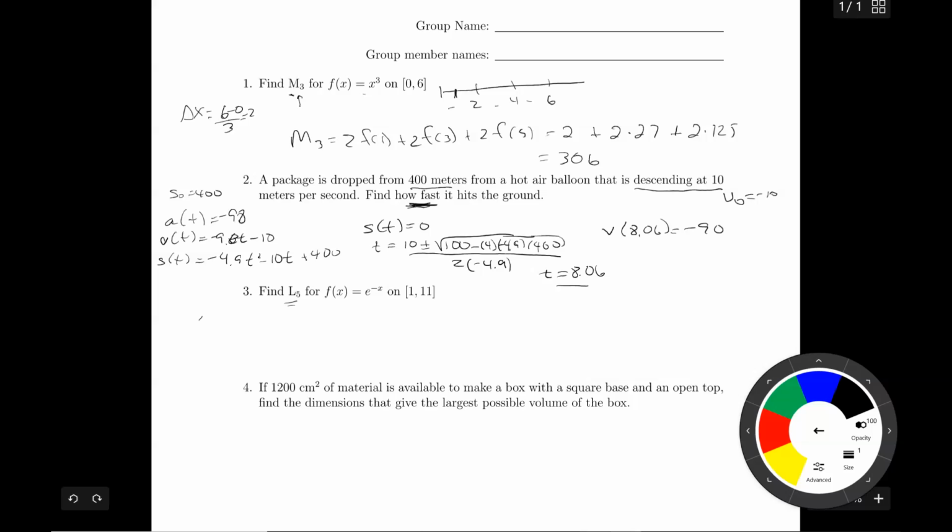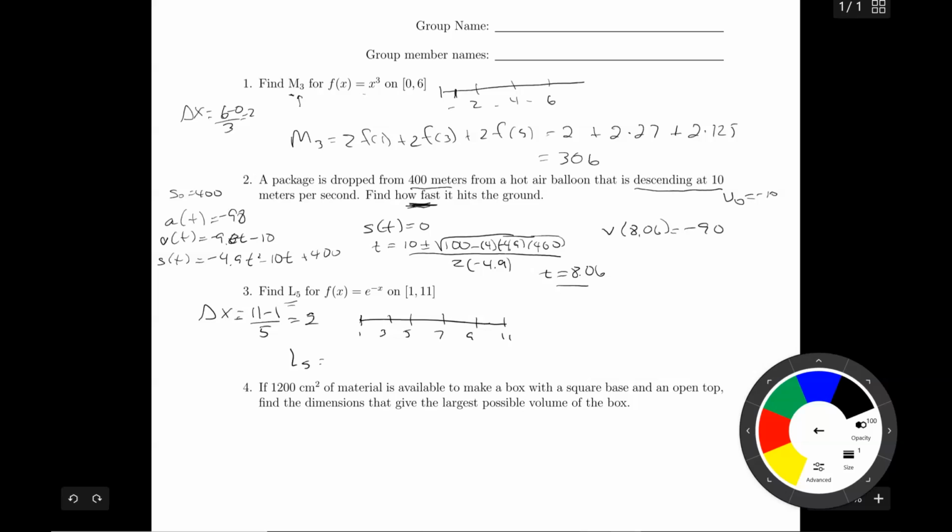Okay, L sub 5, so delta X is 11 minus 1 over 5, because N is equal to 5 here. So I get 10 divided by 5, which is 2 again. So I'm starting at 1. And so 3, 5, 7, 9, and 11. So again, I really don't need the function, I just need the number line.